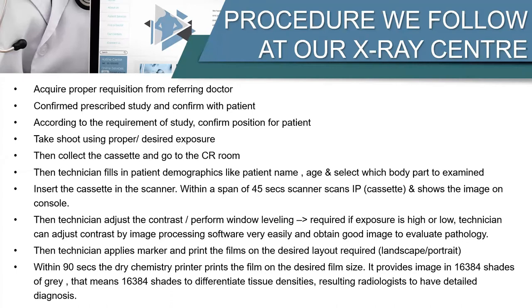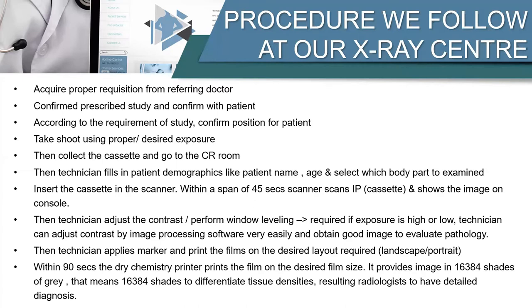Then he inserts all the data like patient name, age, and body type, and within a span of 45 seconds after scanning the cassette, the image is displayed on the computer screen, where we can adjust the contrast and sharpness, rotate the image, or do many more things useful for obtaining a good image.